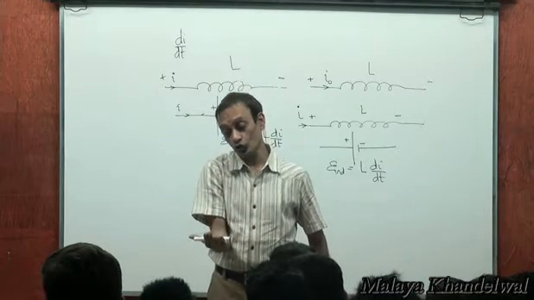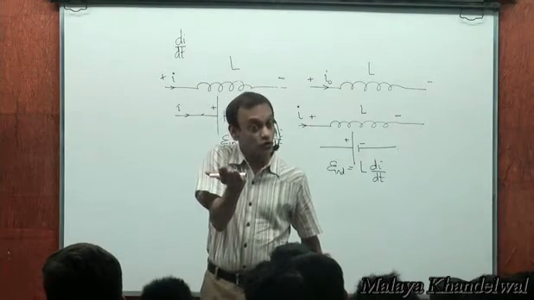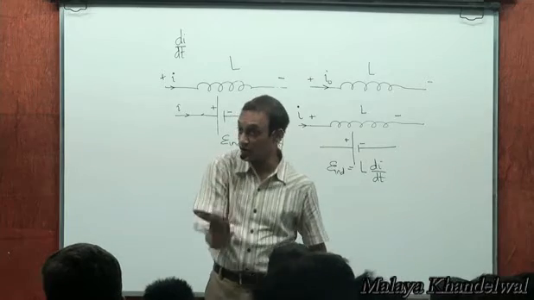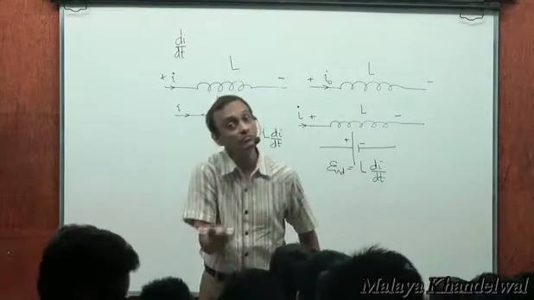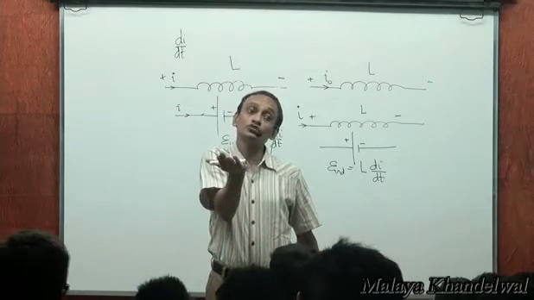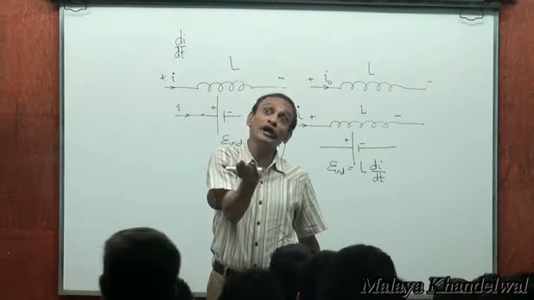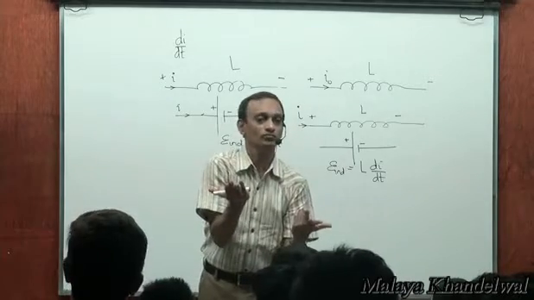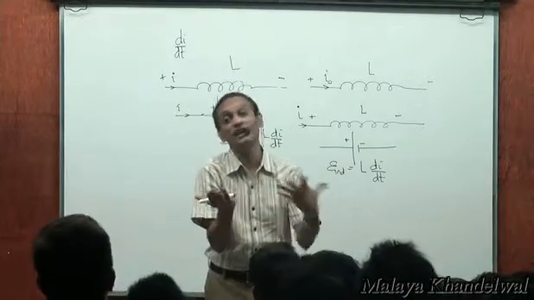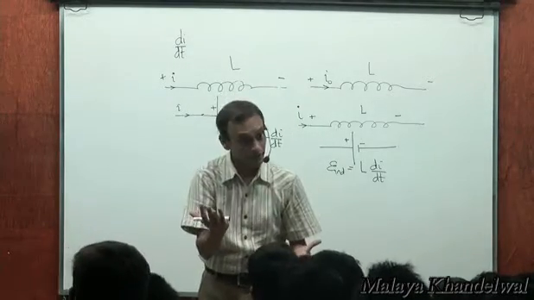So I have to do some work to raise it to a certain height. Now, once I have raised it to a certain height, of course, the work has been utilized to raise it to that height. But that work is recoverable also. That work in the form of energy is recoverable, which is the potential energy, right?